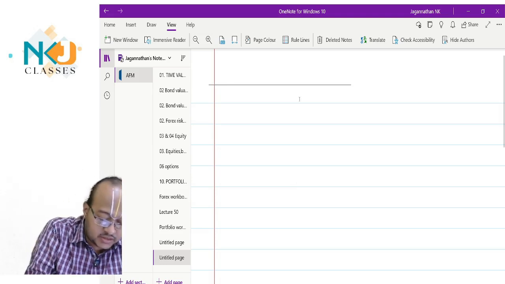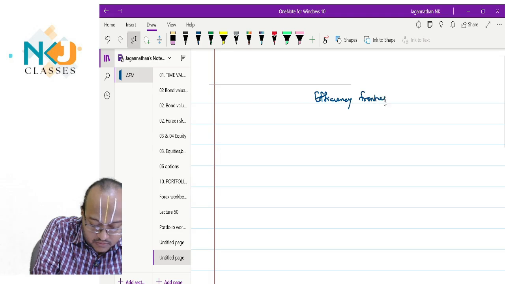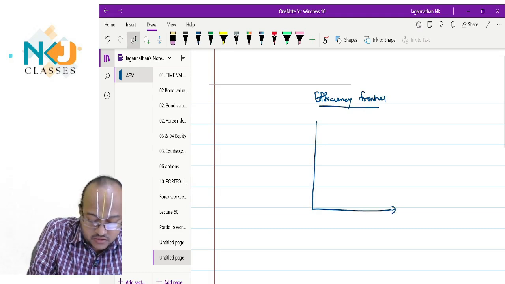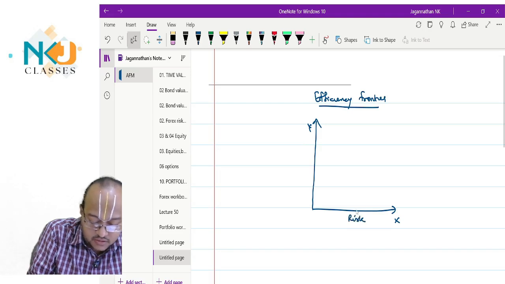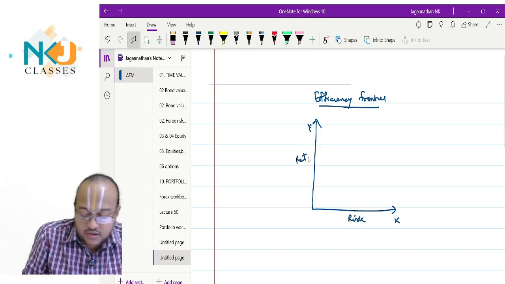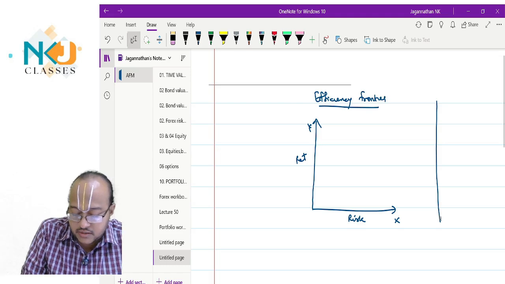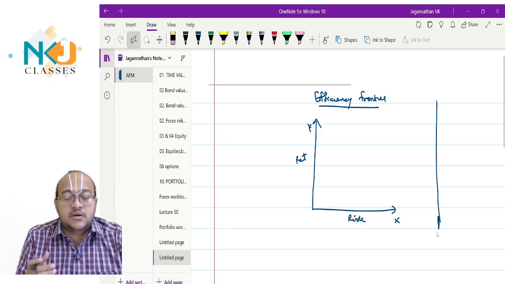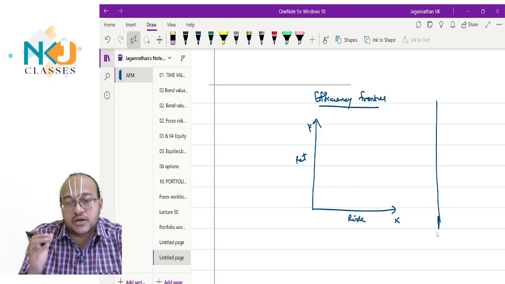There are 3 situations to consider for the efficiency frontier. On the x-axis is risk and on the y-axis is return. You can consider three things for comparing portfolios or securities to analyze which is inferior and which is superior.